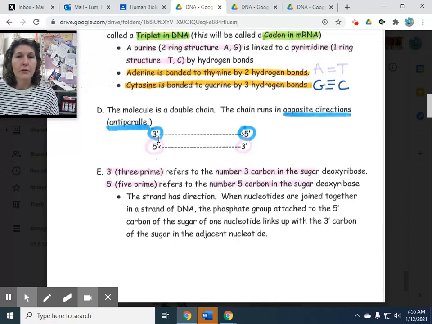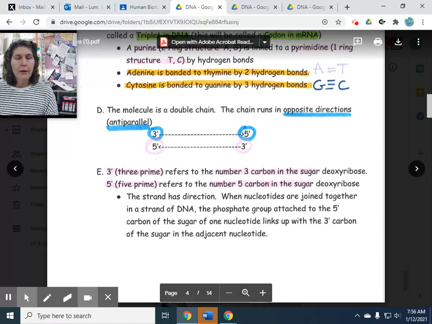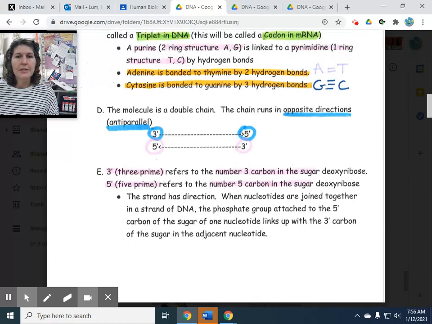They are opposite. So the 5' end on one strand is going to match up with the 3' end on the opposite strand, and the same for the opposite end. So here's my one side, here's my 3'. That means my 3rd carbon is facing towards the left. Up here, my 5th carbon is facing to the top. Opposite on the other strand, they are anti-parallel. They are running in opposite directions.